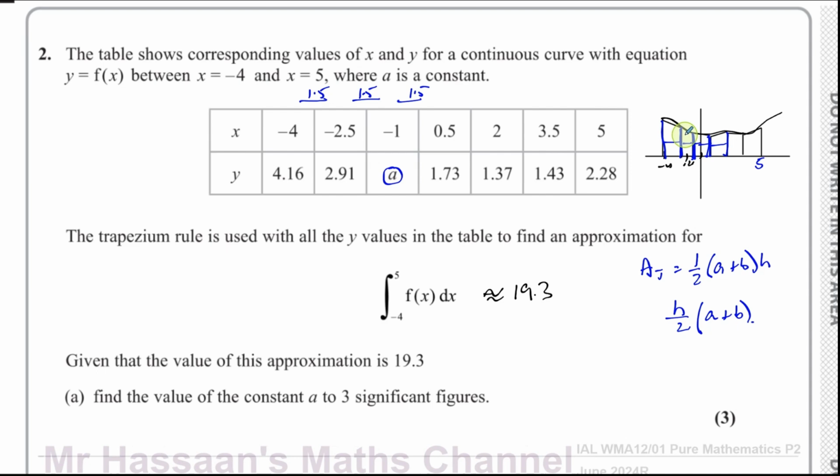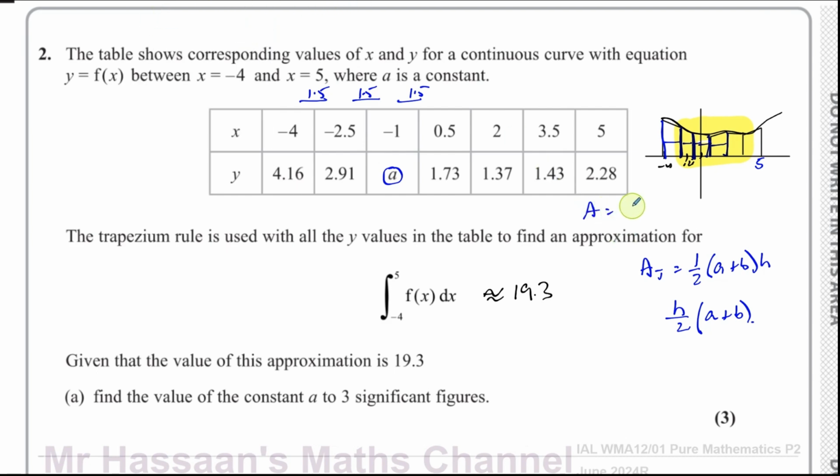So all the ones on the inside have their length used twice, but the two lengths at the ends are only used once, the beginning and the end. So basically, the area of this is given by the formula.